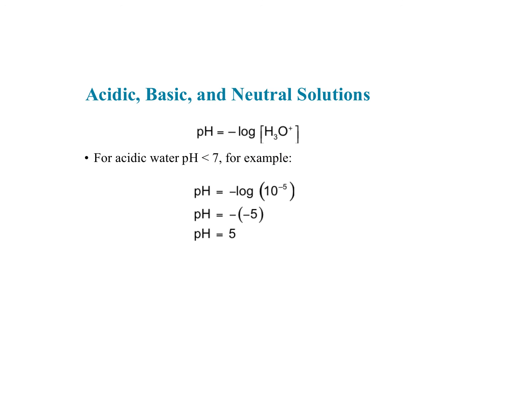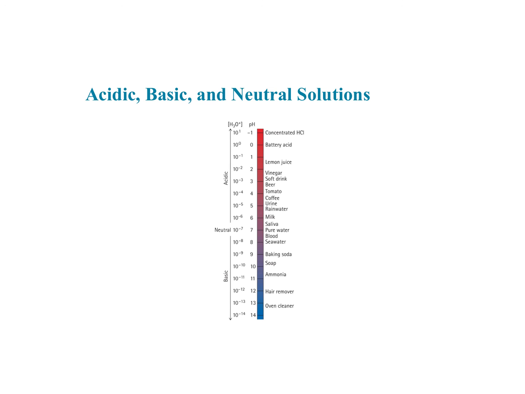For example, let's imagine we have 10 to the minus 5. If that's our concentration, 10 to the minus 5 moles per liter, we simply take the negative log of that. We get negative 5. Why? Because the log of 10 to the minus 5 is minus 5. Minus times minus makes plus, and our pH is 5.